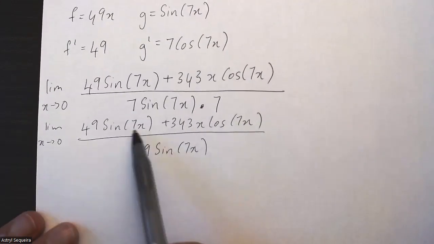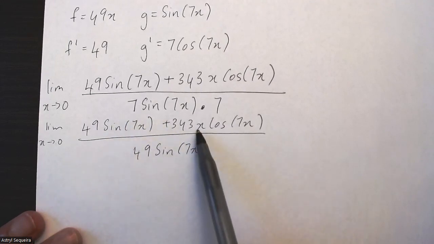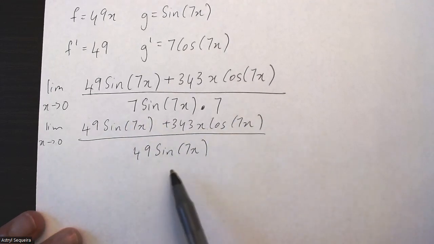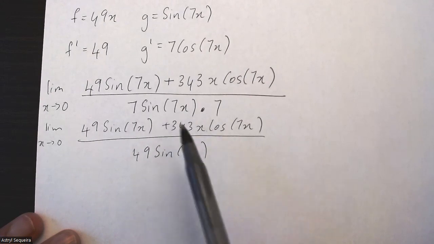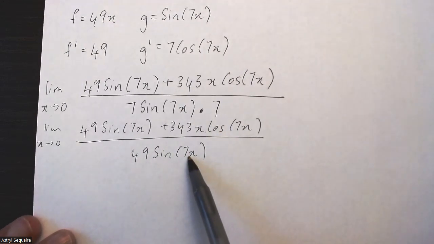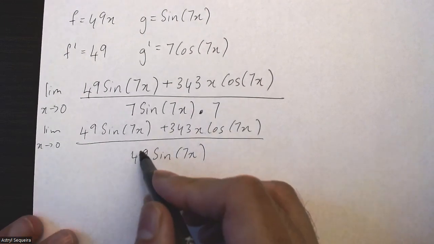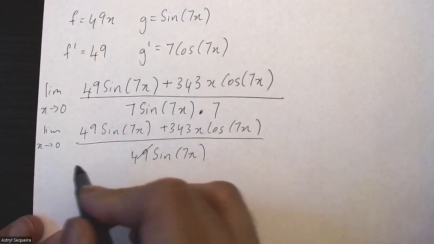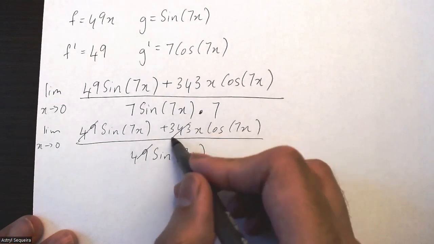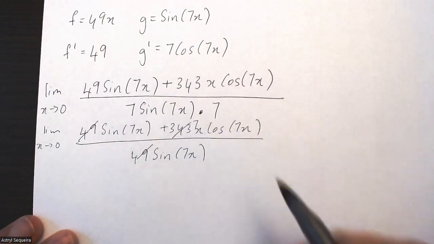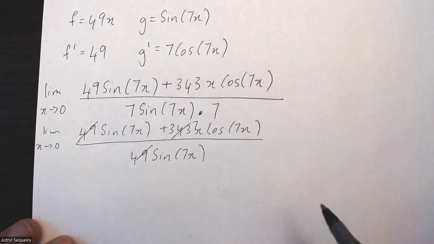So now if I sub in 0, I have 0 here, this is also going to be 0, and this is again going to be 0. So again, I have 0 divided by 0. I feel like I'm doing something wrong. I can divide all of these by 49 though to just simplify it. So those will cancel and this will just become 7. So at least that makes things a bit easier.